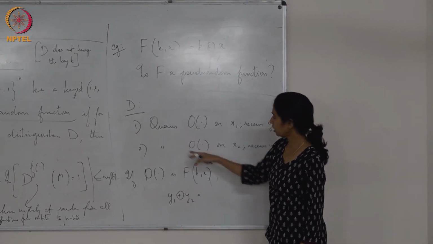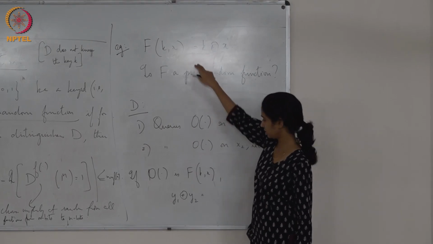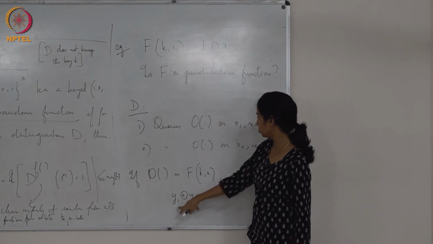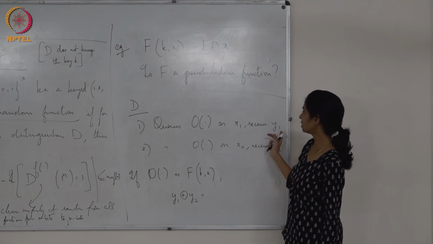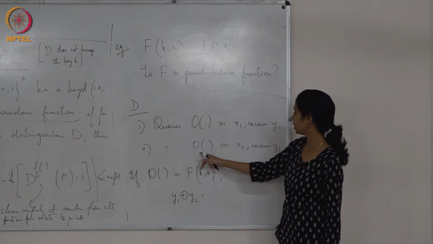So if this oracle O that D has access to is the f that is defined here, what will y1 XOR y2 be? y1 is the answer that O returned on a query x1, y2 is the answer that O returned on a query x2.